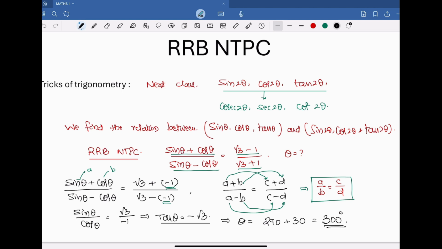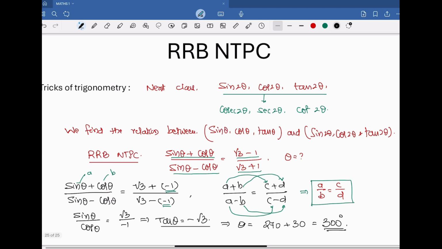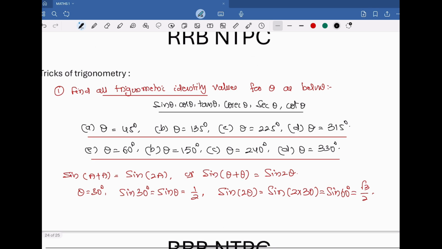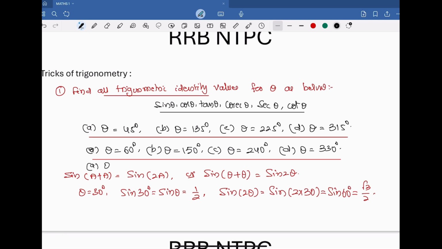Did you get it? All the tan values, all the theta values, I have given as homework. Theta for 45, theta for 130, I will add if theta is equal to another A, B, C, D. Again this is A. Now another theta is, say, theta is equal to 30 degrees, you also do.